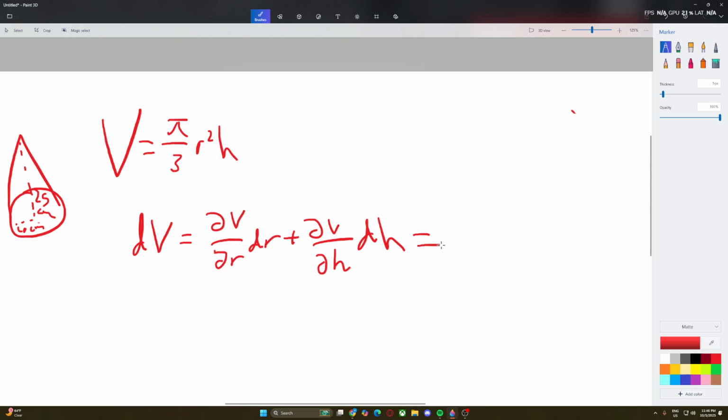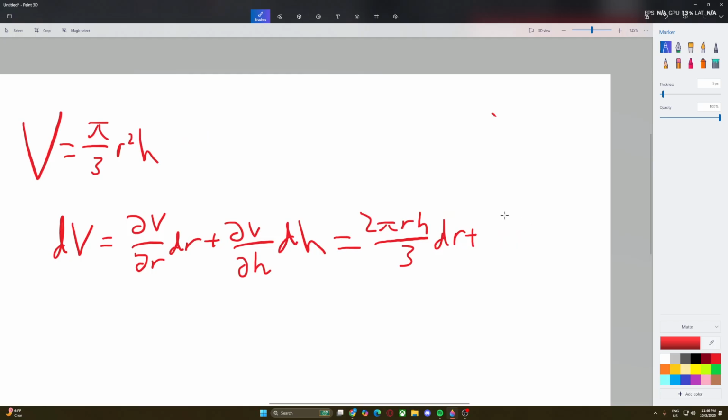And that's equal to, if we take the partial of this, 2 pi r h over 3 dr plus pi over 3 r squared dh.